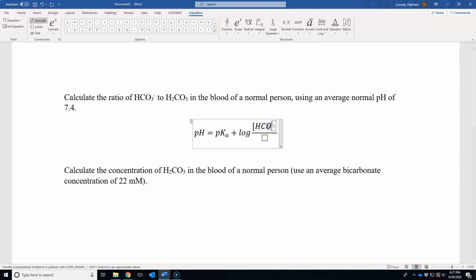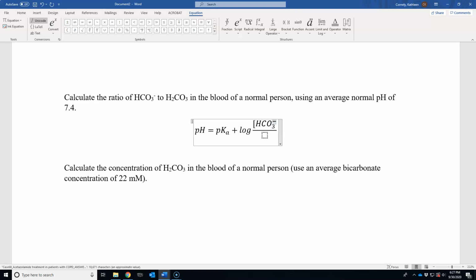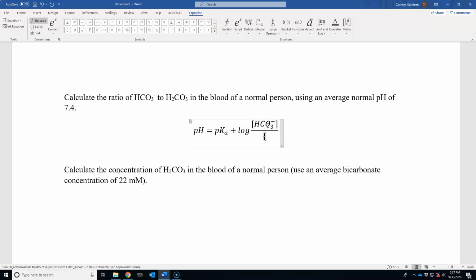So now I can type O, and then my right arrow to get me the 3, and then my right arrow again to get me the negative sign, and my right arrow again to get me out of that, and my right arrow again to get me to the denominator. So here I want H2CO3.